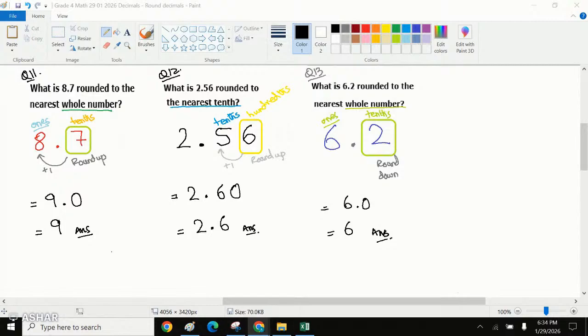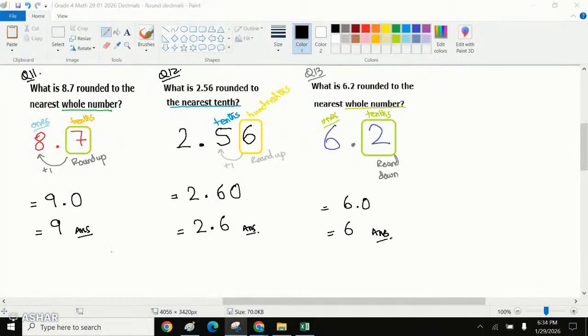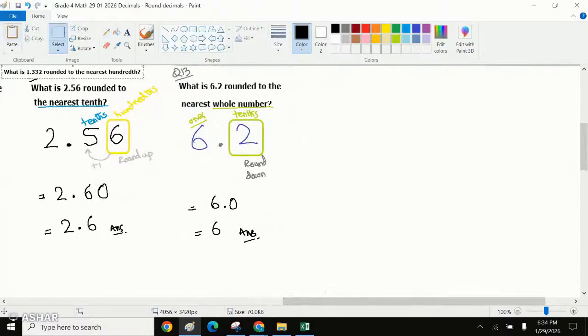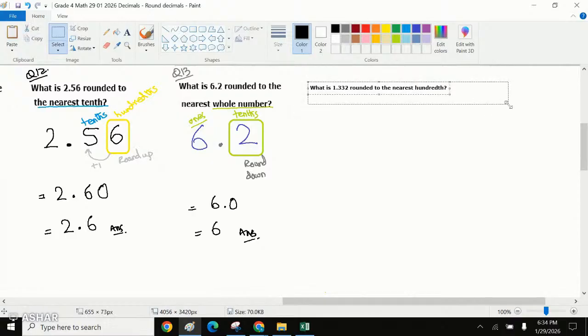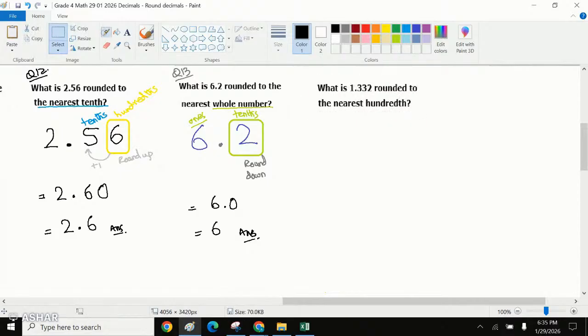For the next question, it says, what is 1.332 rounded off to the nearest hundredth position? Let's have a look. This is our question number 14.